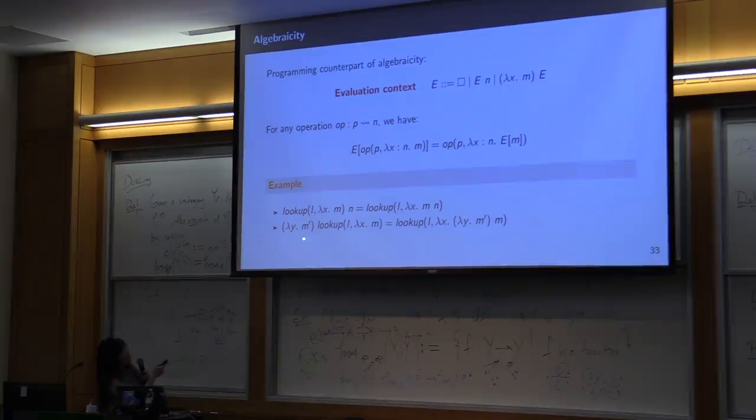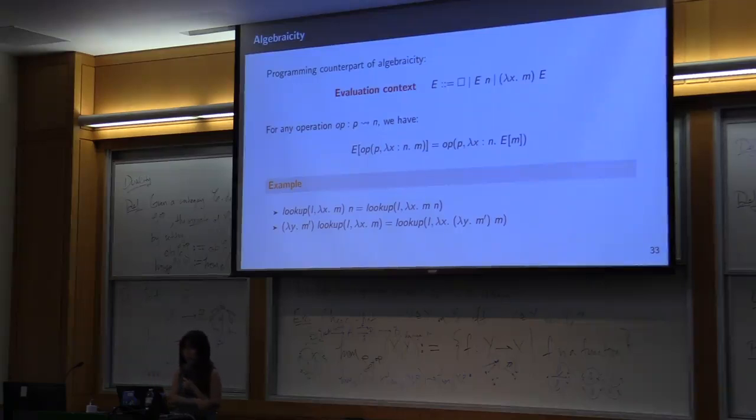And similarly, if this lookup is used in argument position, then you can also push this whole function inside, because whatever you get from this location, you are going to provide as an argument to this function. So this is just an example of algebraicity written in a different way for this form of algebraic operations.